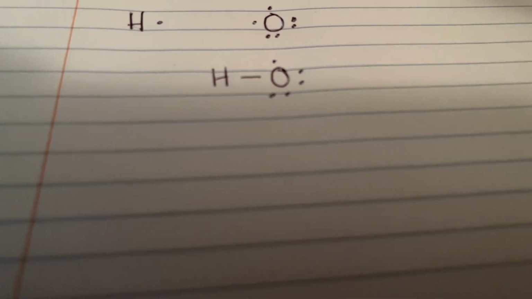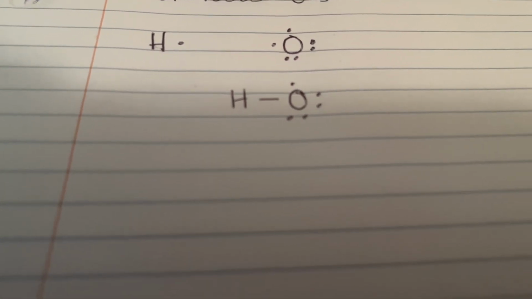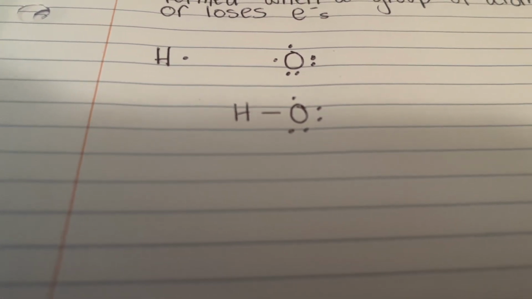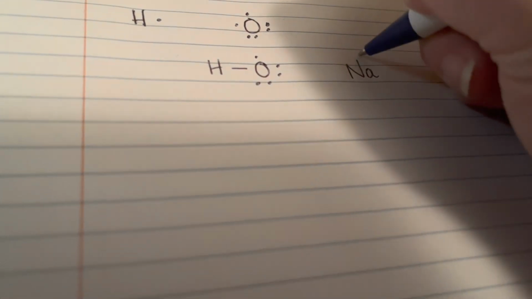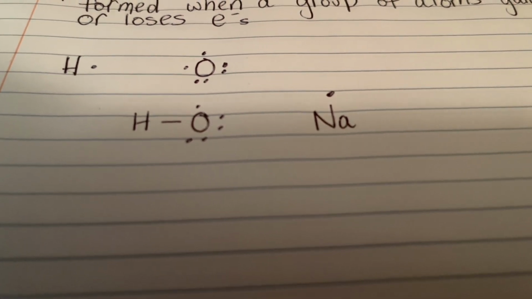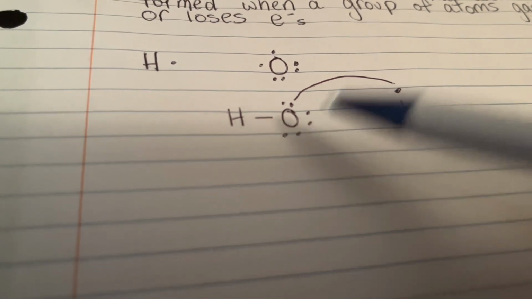So the oxygen wants another electron, right? To have an ideal state, there needs to be another atom that's willing to give its electron up. So let's say there were a sodium atom over here. Well, it could donate its single valence electron to the oxygen. This would be happy, this would be happy, and now this would be happy, right?